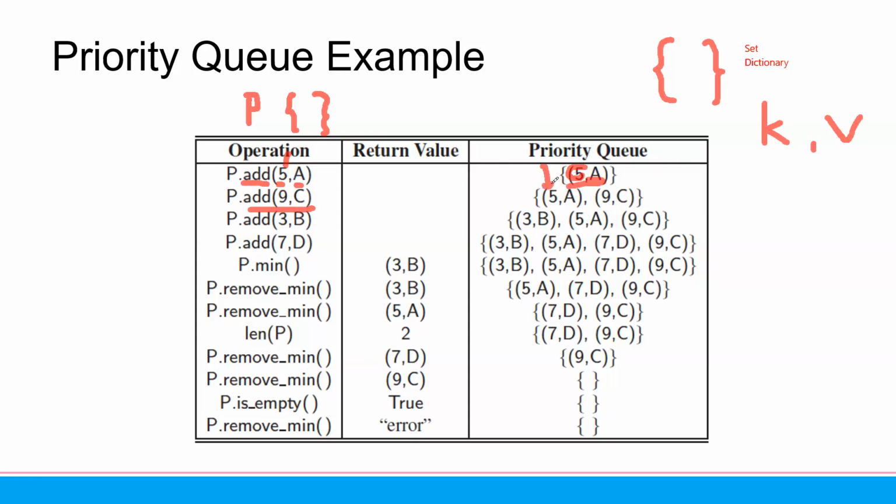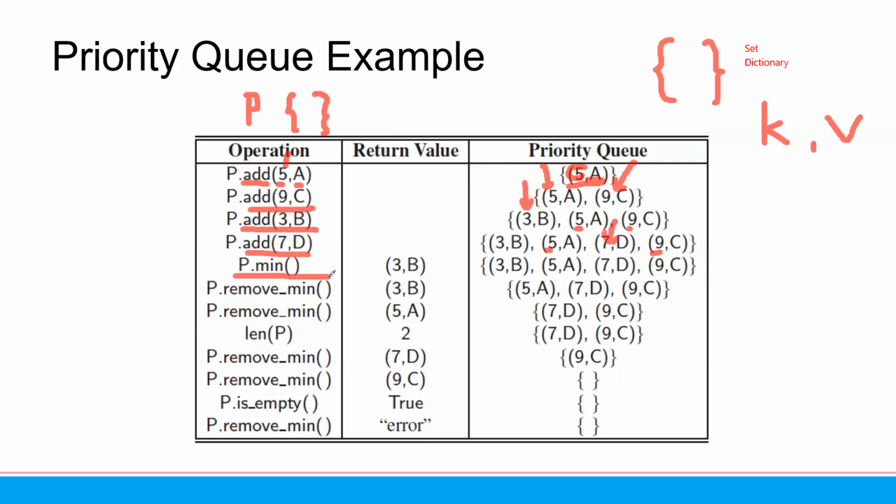But if the key is higher, it will be in the rear. So I'm going to add another element, 3, B, because I know that 3 is smaller than 5 and 9. So I put it in front. And I add again another element, 7, D. So 7 is in between 5 and 9. Then I put it here.